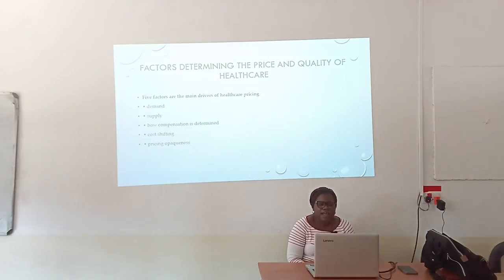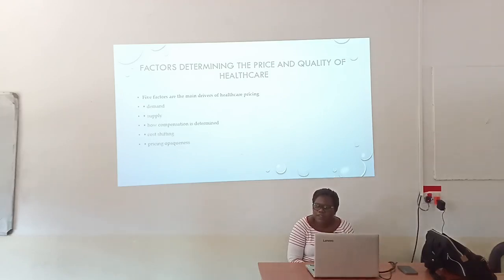The 5 factors are the main drivers of health pricing. First, demand. Demand determines price, and supply also determines price. How compensation is determined, I'll be explaining that. Cost shifting, so we understand the shifts of cost that might be caused by other factors such as supplements, right? Complementary factors.